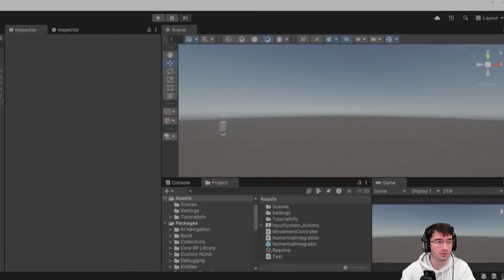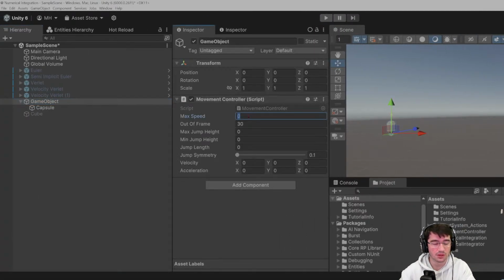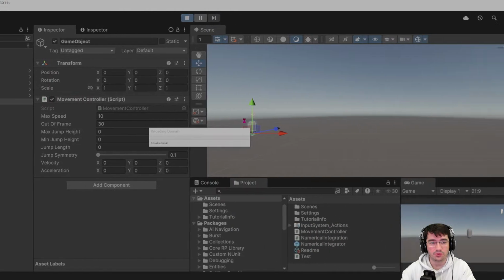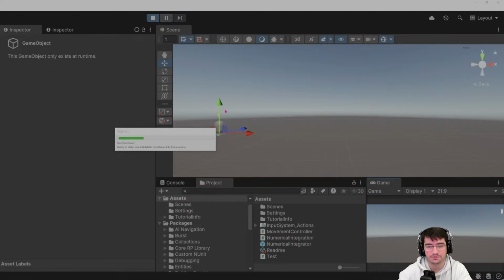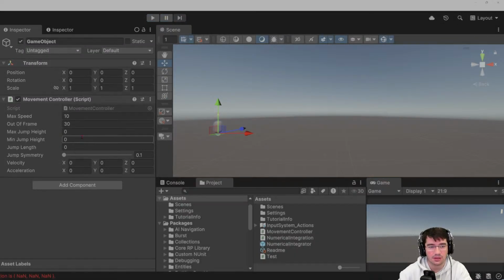I'm not moving anymore because I renamed the stuff, so I do need to put some parameters for the jump, otherwise I'm jumping at 0. Yeah, none, okay. So 10 for the jump height, jump length, let's put 10.